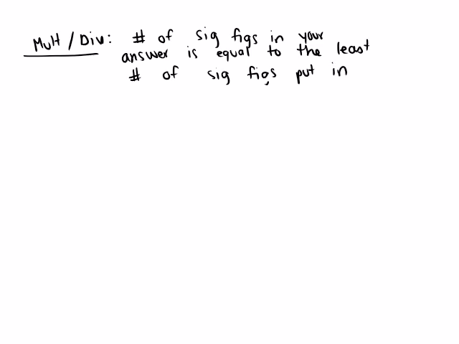So in order to round your answers when you're multiplying and dividing, we have to know how to count sig figs. Okay, so let's look at an example.